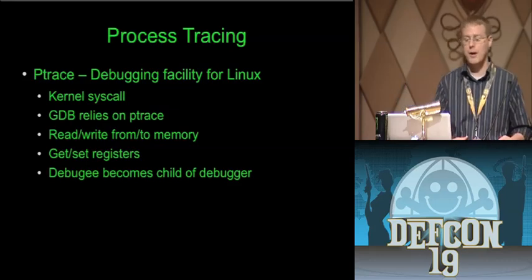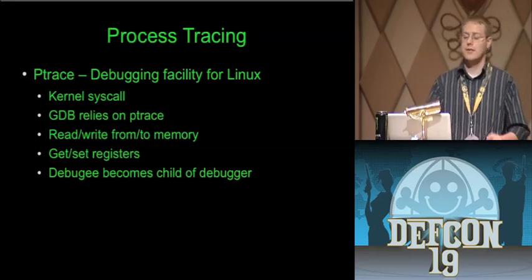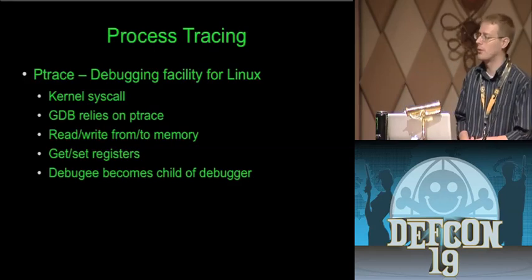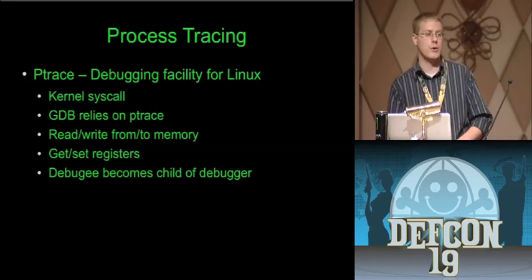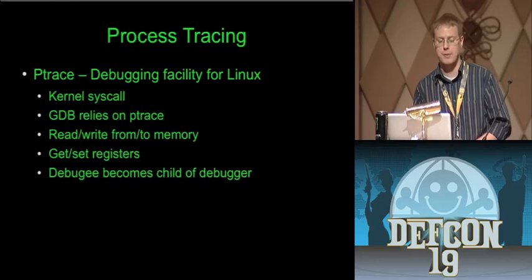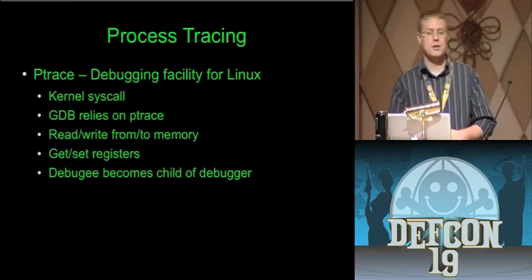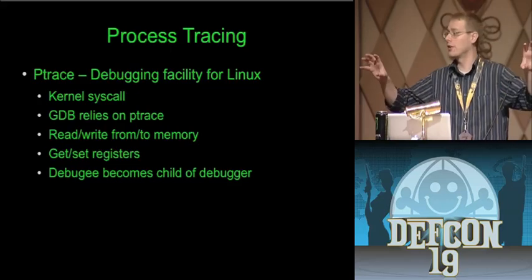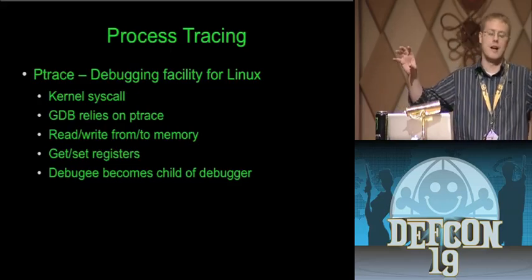So when we talk about a debugger and a debuggee, the debuggee becomes a child of the debugger. Let's say we're a Firefox developer, and we're finally going around fixing the memory leaks that every Firefox user complains about. And we're going to use GDB to do it. So we have Firefox and GDB. They're two unrelated programs started at different times.